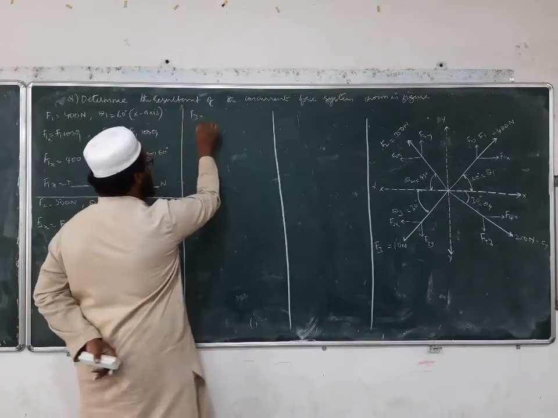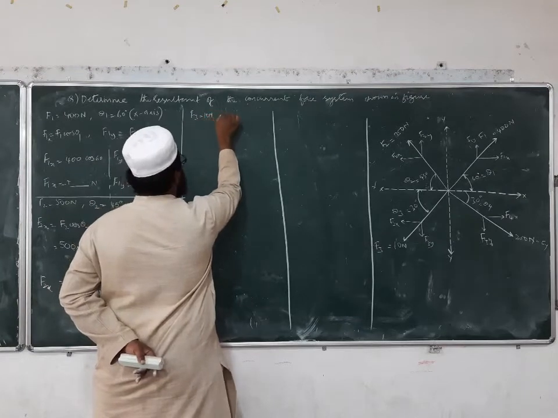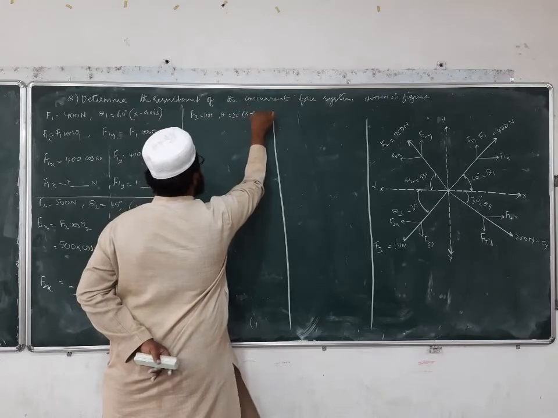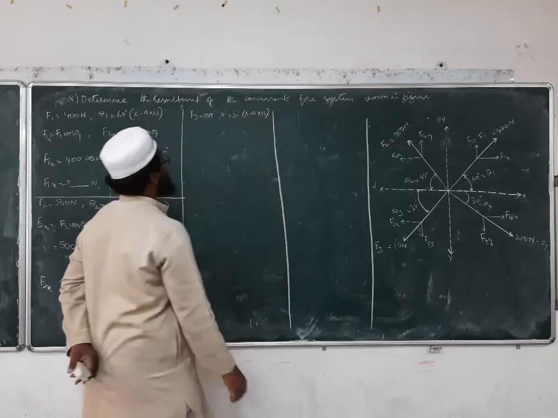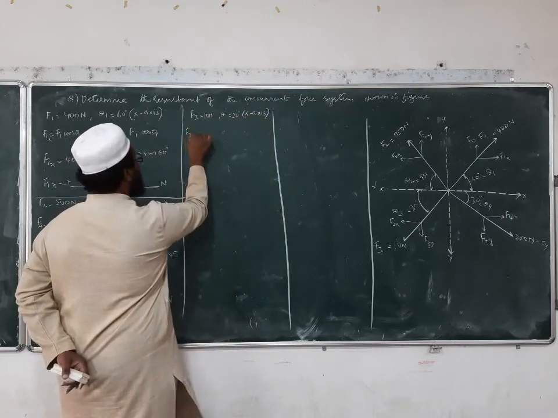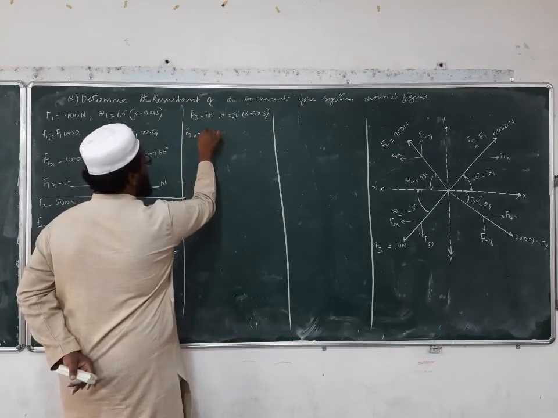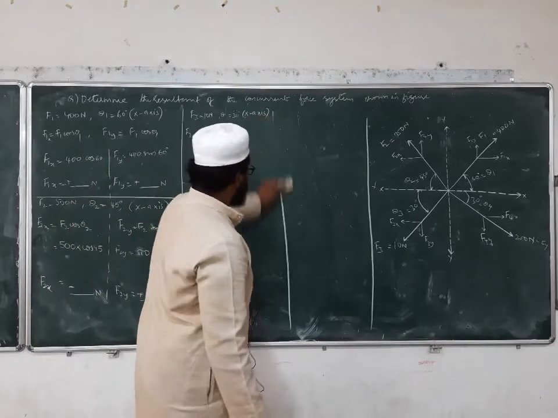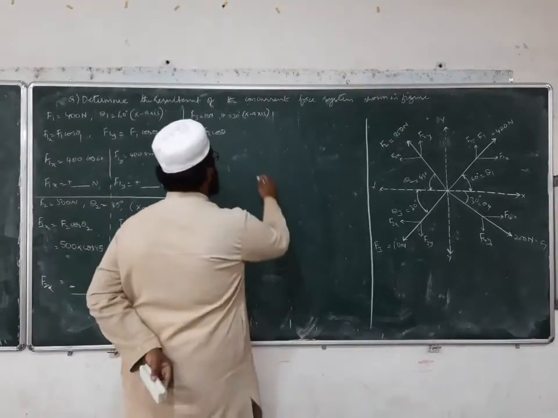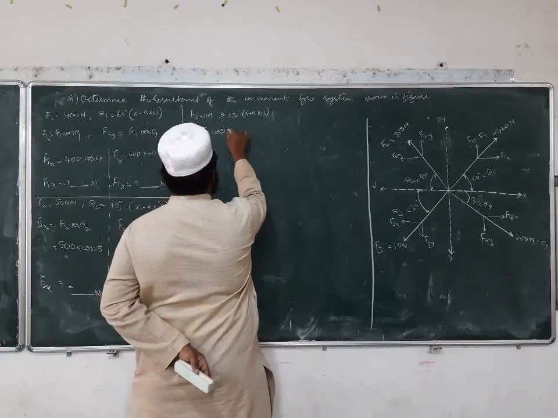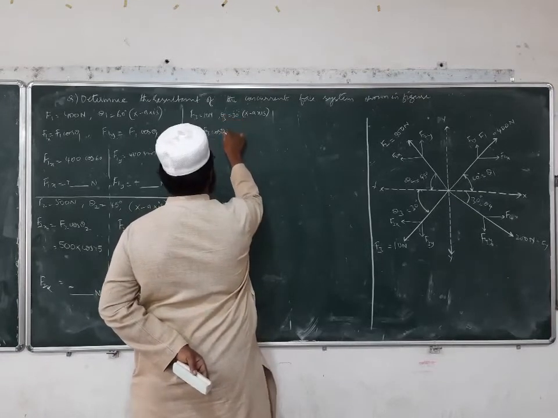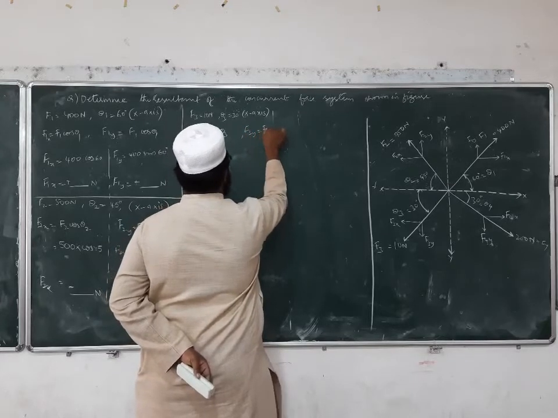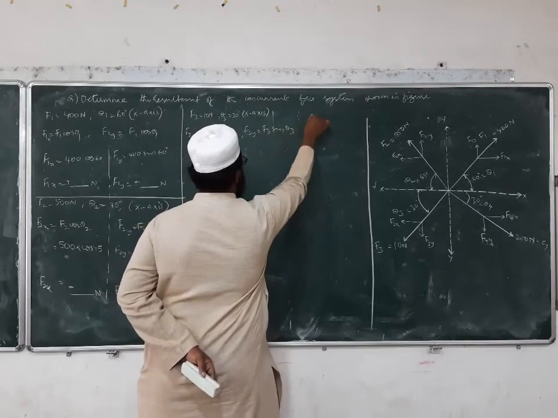F3 is how much? 10 newtons, and theta is equal to 30 degrees with the x axis. Now we can calculate F3x is equal to F3 cos theta3, then F3y is equal to F3 sin theta3.